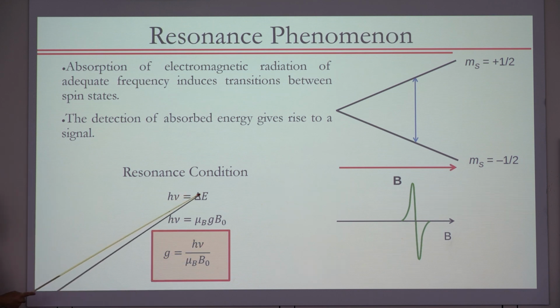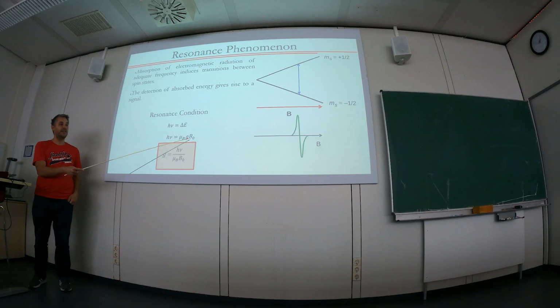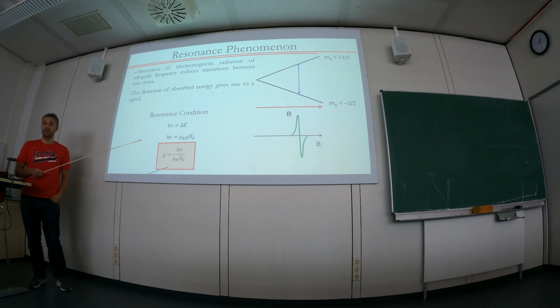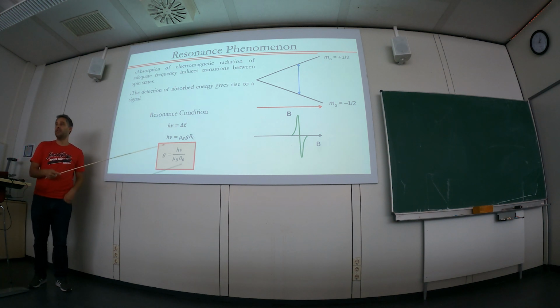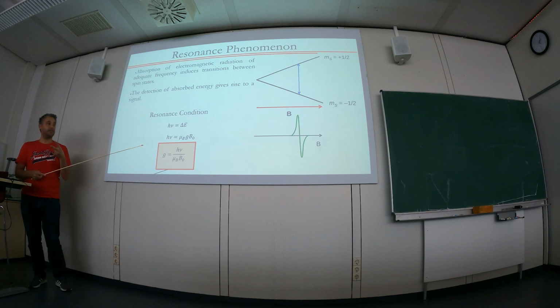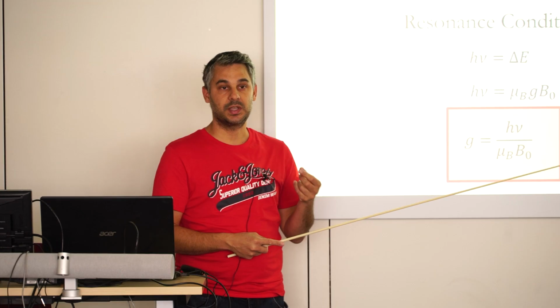So the resonance frequency is given by this delta E, which corresponds to the difference in energy between the two spin levels. Plus 1/2 and minus 1/2, the subtraction of those numbers gives 1.